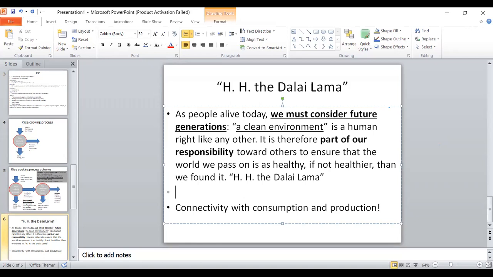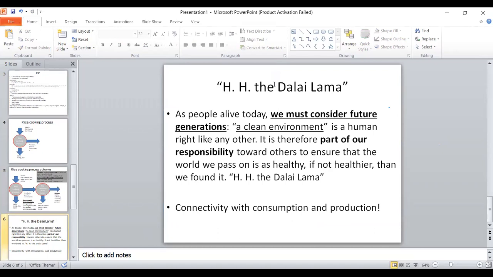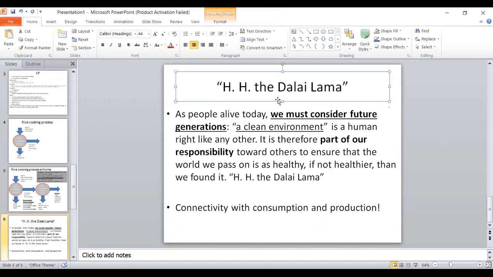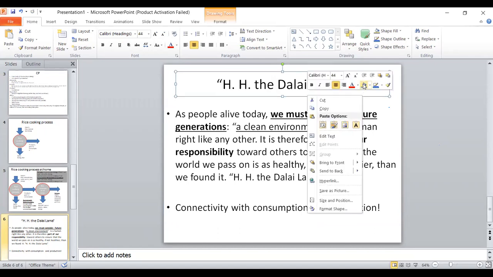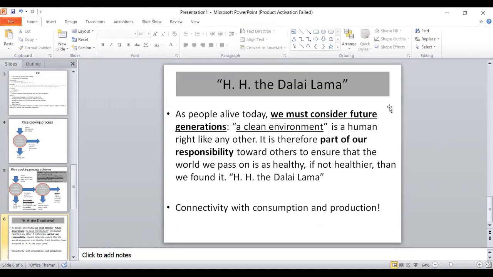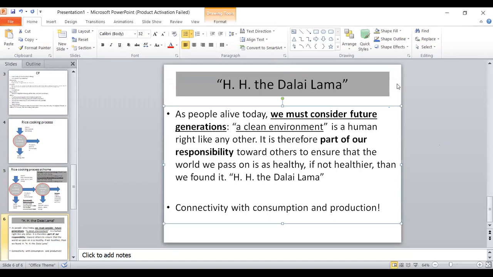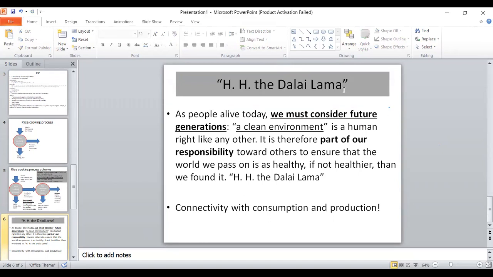So productions are consuming resources and energy, so we should not use those excessively. There's a connectivity with this. I hope you can understand this, because this is not a definition, but this is a message from one of the most respected and wise persons living on this earth.